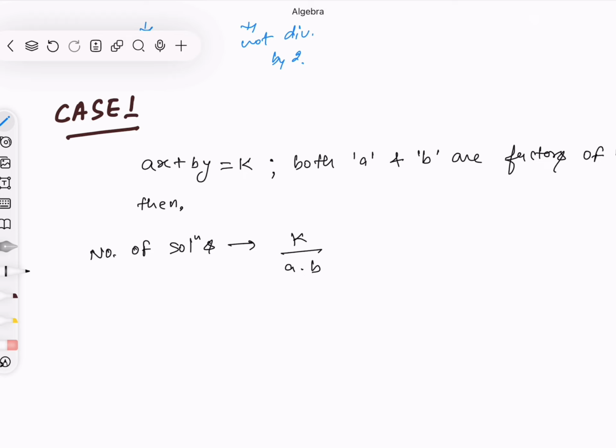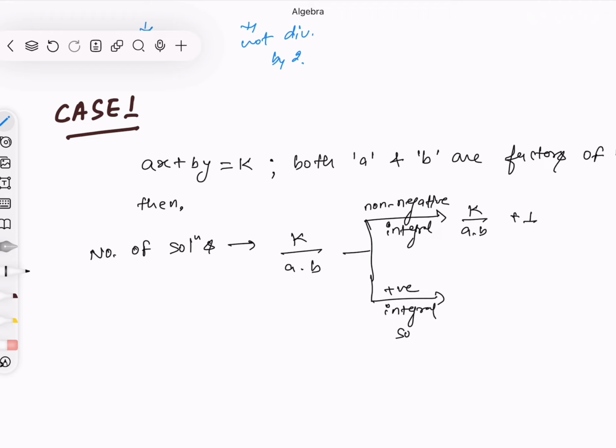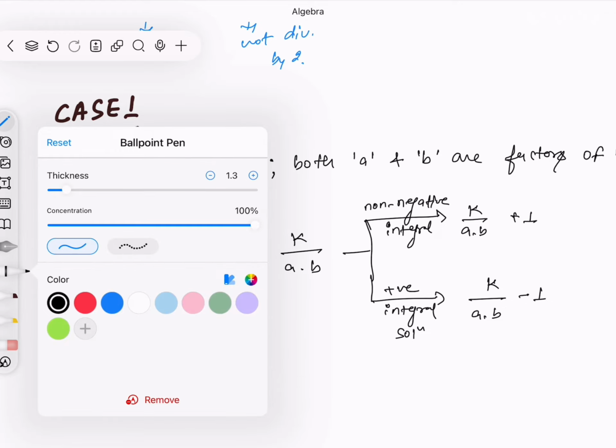And in this, the number of non-negative integral solutions will be k upon a multiplied by b plus 1, whereas positive integral solutions will be k upon a multiplied by b minus 1. So this is something that you need to remember.